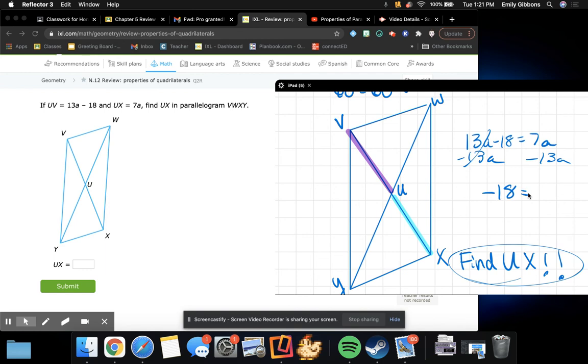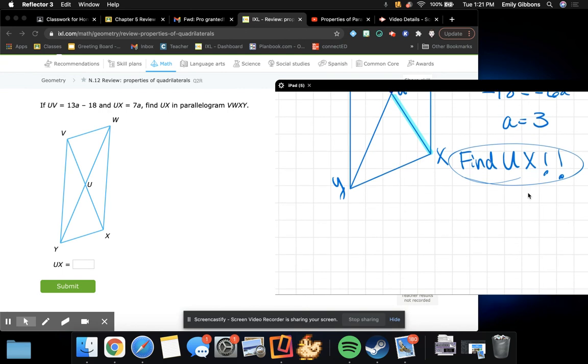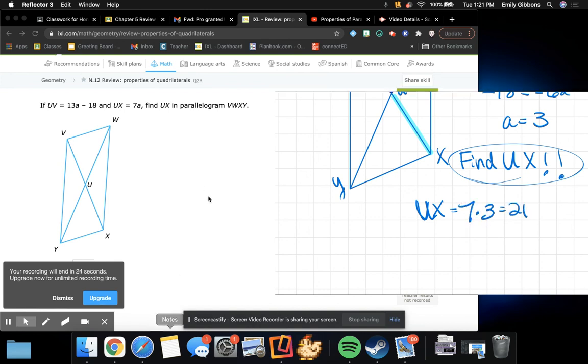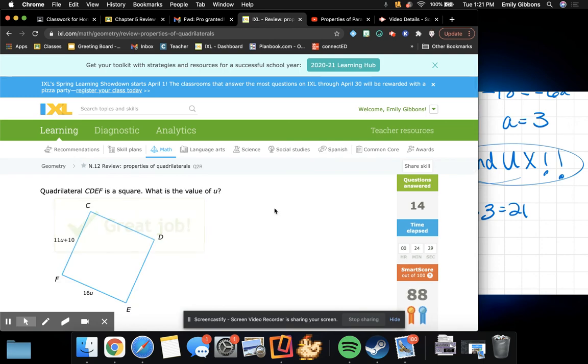That would be negative 6a, and that means that a is going to be positive 3, but don't put that as your answer because UX is equal to 7 times 3, which is 21. So you want 21 as your answer. Woo, woo.